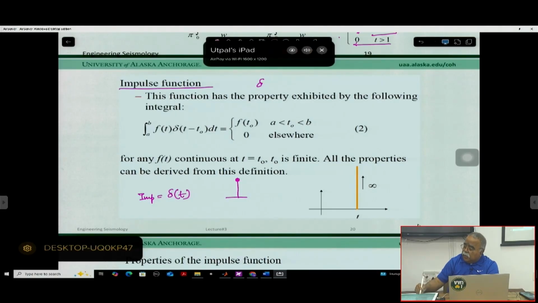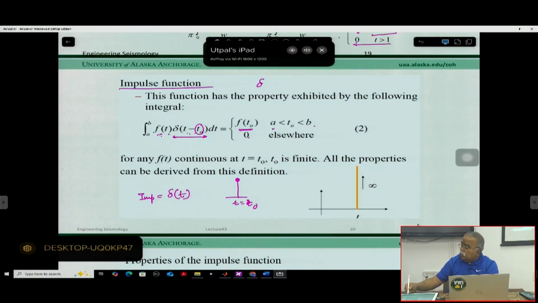So if I multiply f(t) with a delayed impulse, delayed by an amount t0, then this will be equal to f(t0), right? So the function, instead of at t equals to 0, becomes the value at t equals to t0, because I delayed it by t0, so it is 0 elsewhere.